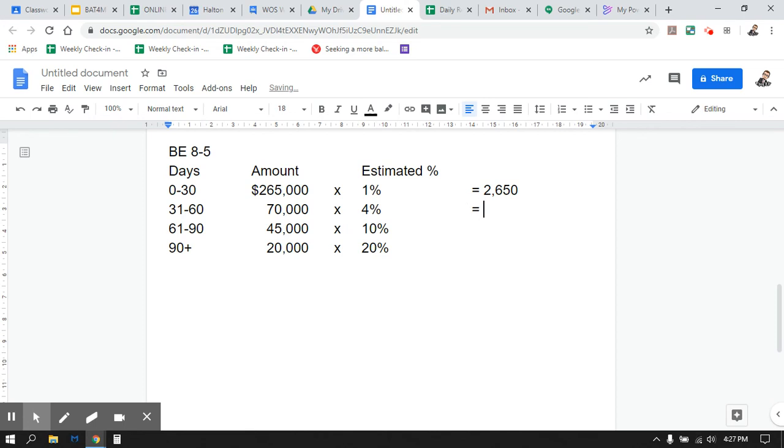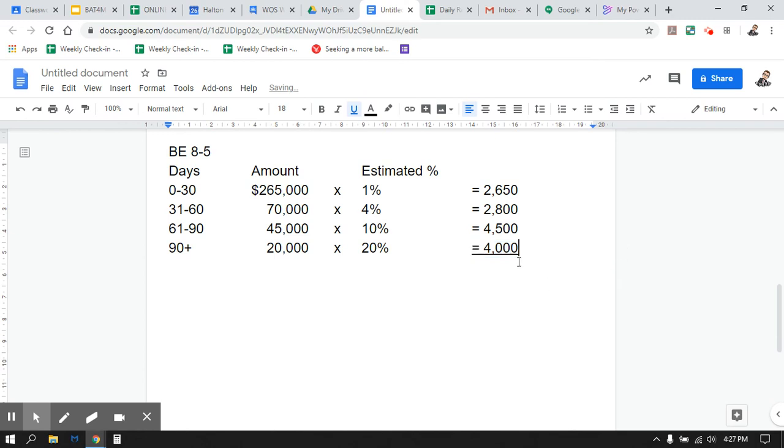The 70,000 times 4% is 2,800. The 45,000 times 10% is, of course, 4,500. And the 20,000 times 20% should be 4,000. So I'm applying the estimates to each line appropriately.